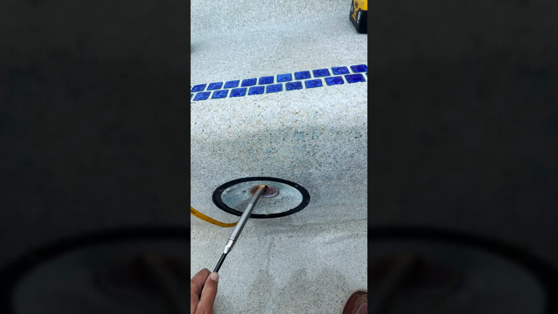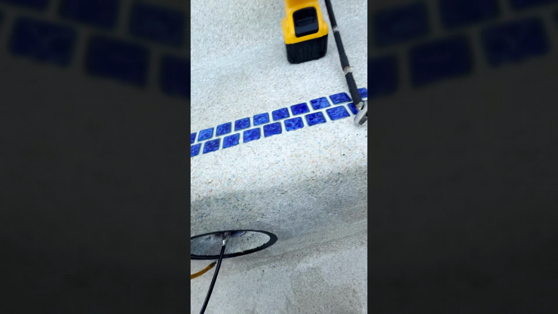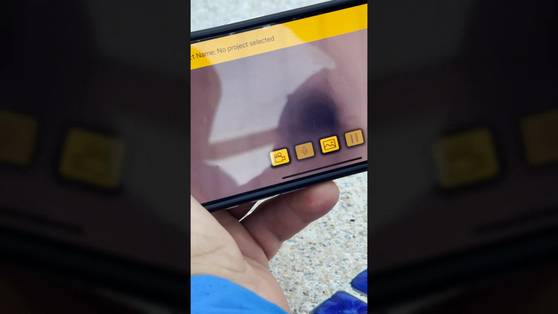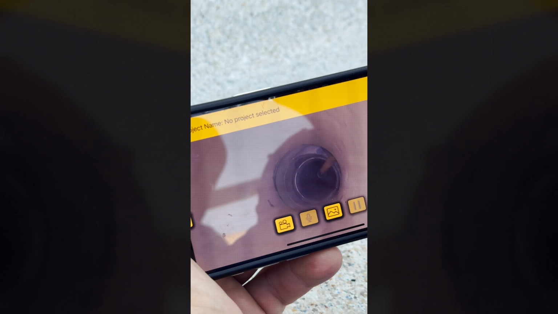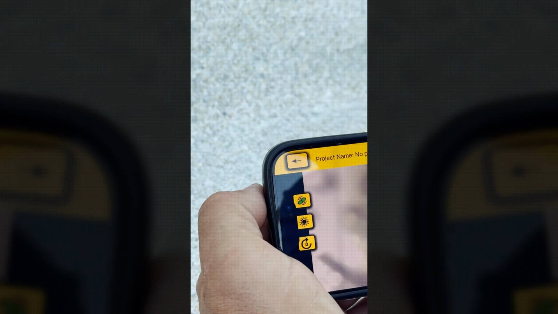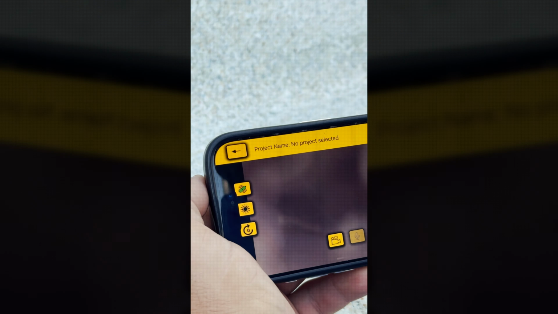This is where we're at. You can see that's our plug. Push it a little forward. Okay, back a little more. Okay, right there.